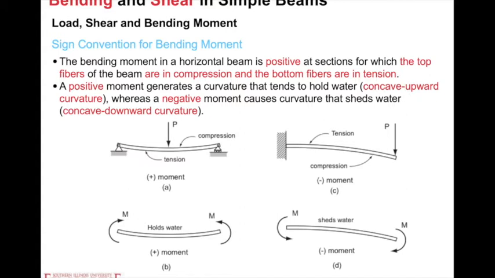Looking into the cross section at the micro level of the material, the upper fiber should be under compression, and the bottom fiber of the beam should be under tension.